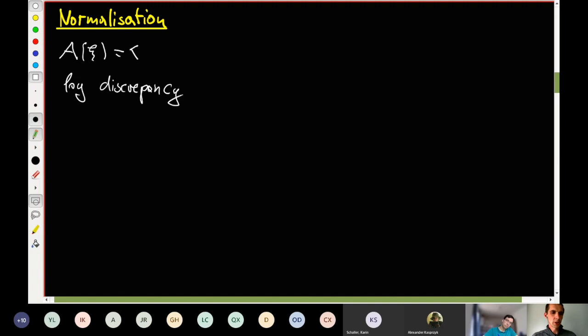It's just the pairing of xi with a certain vector or a certain weight, which I call v here. So a certain element of our lattice M. And I'm going to call it the canonical weight.